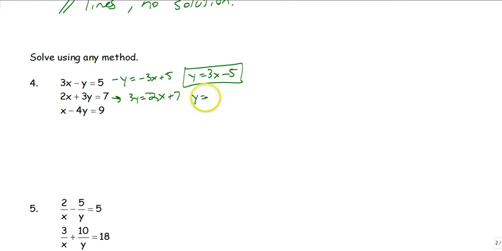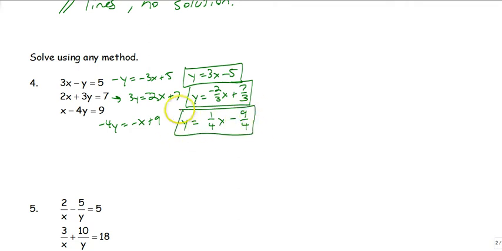So I get y is equal to negative 2/3 x plus 7/3. And finally, this one here, I get negative 4y equals negative x plus 9, so y is equal to 1/4 x minus 9/4. And that would be that.